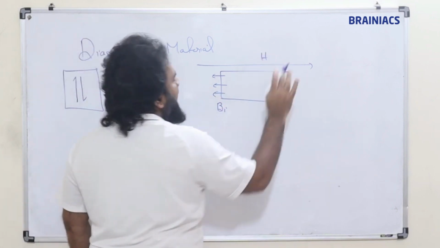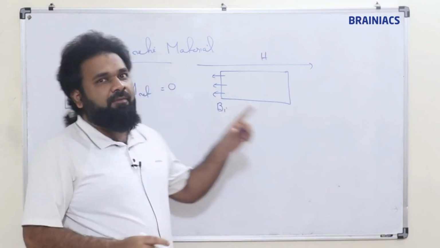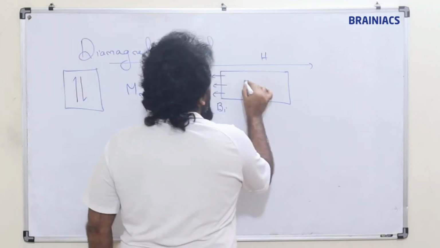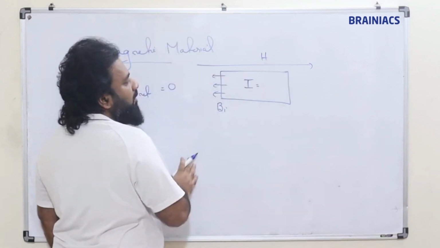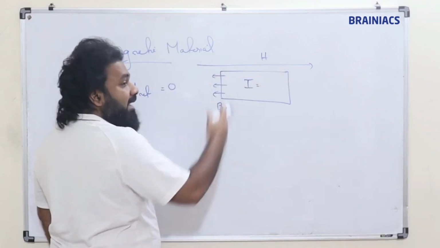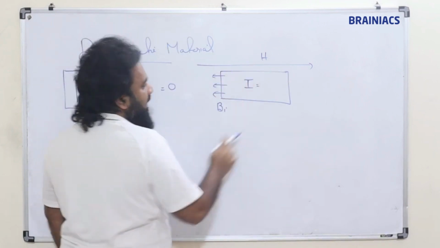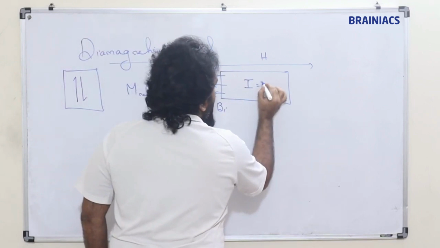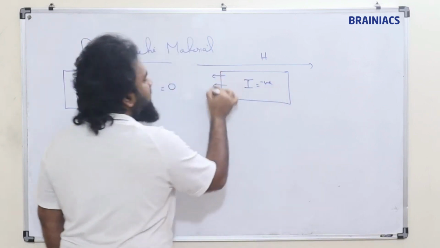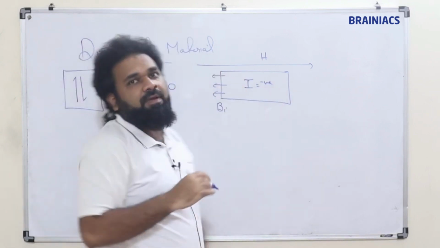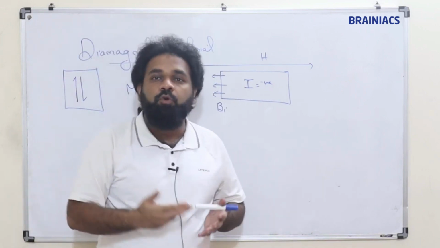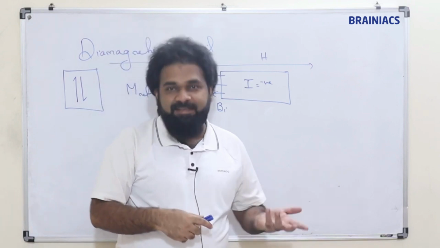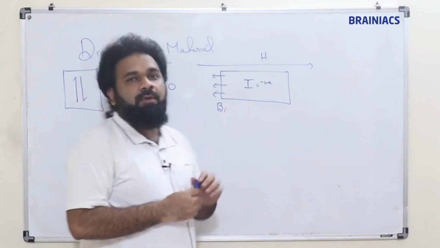So H, the magnetizing field intensity, will be given, but there is no possibility of alignment of magnetic dipoles. But I will be negative here because of this induced magnetic field. We can say the internal magnetic field is due to I, due to magnetization. So that will be negative here.